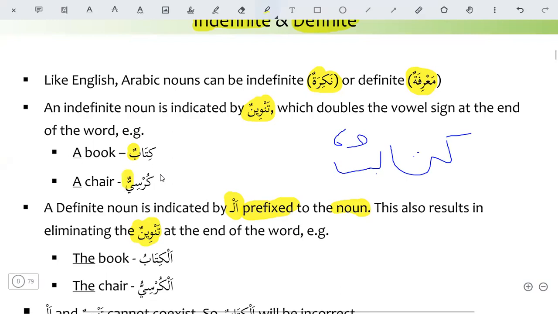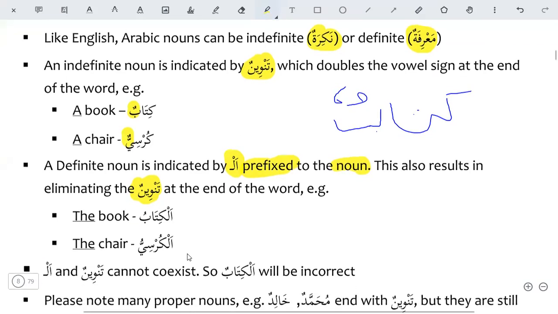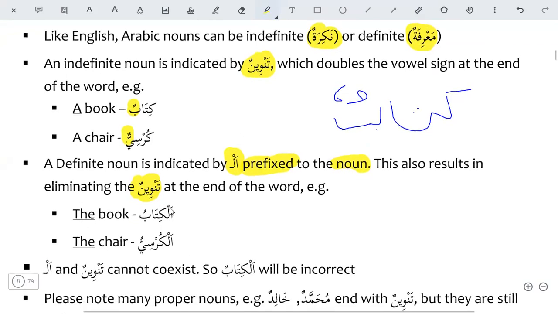Al kitabu: we prefix al, then kitabun becomes kitabu. Al kitabu, al kursiyu.